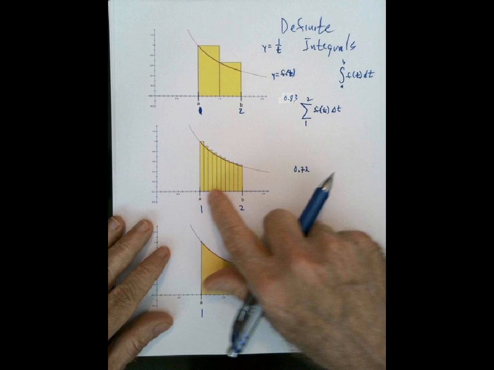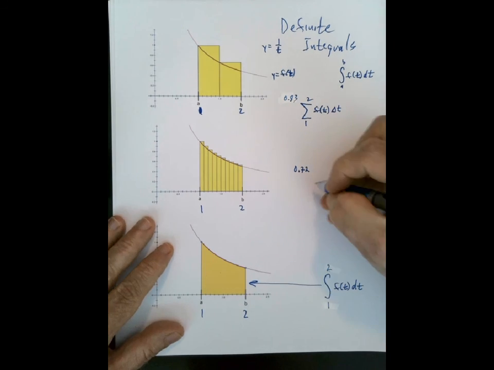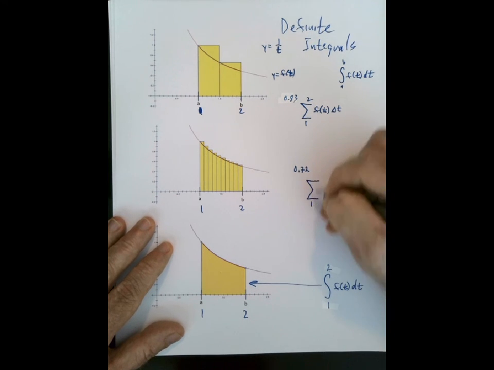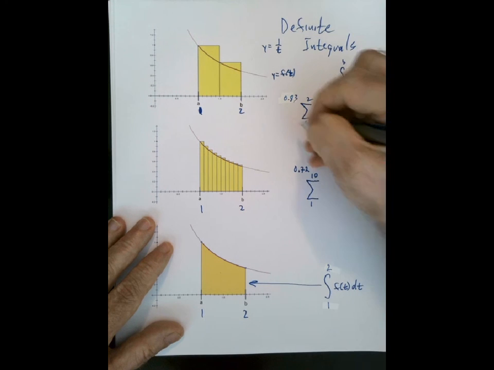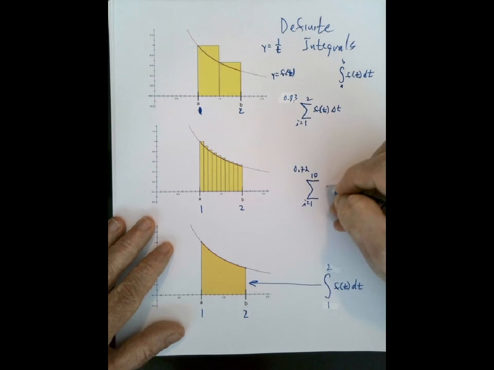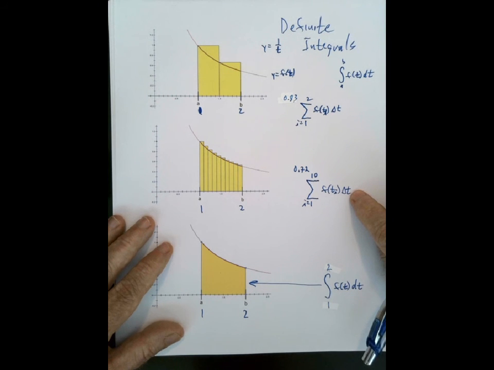Now this one, I divided into 10 rectangles. So from 1 up to 10, right? Technically, that's i is equal to 1 up to 10. So this is f of t sub i, and then delta t, where delta t is now smaller.